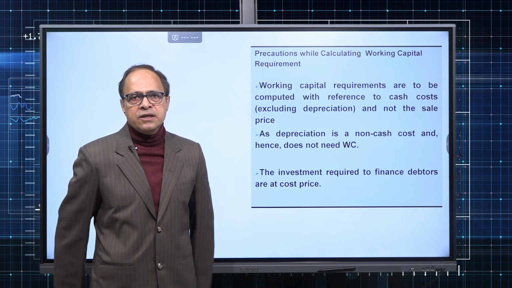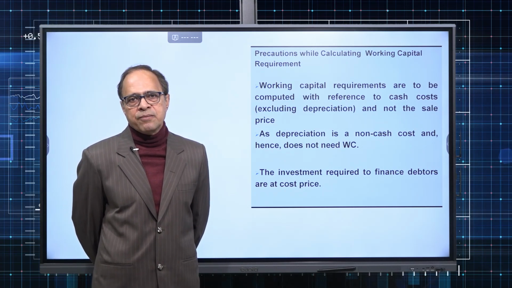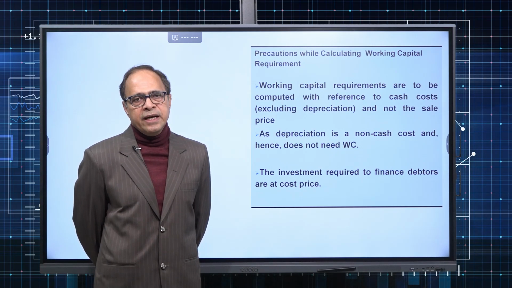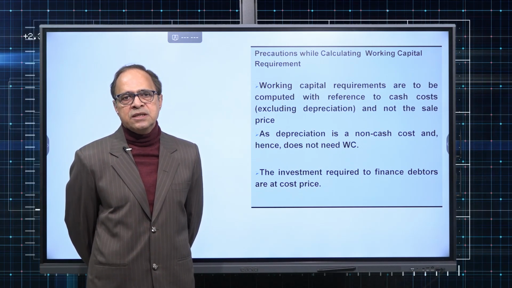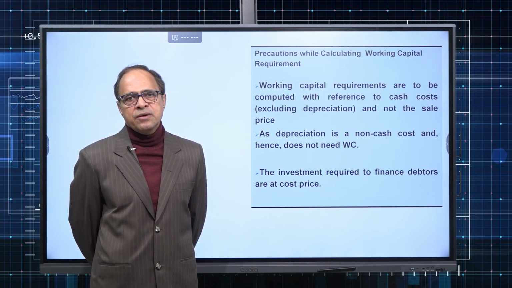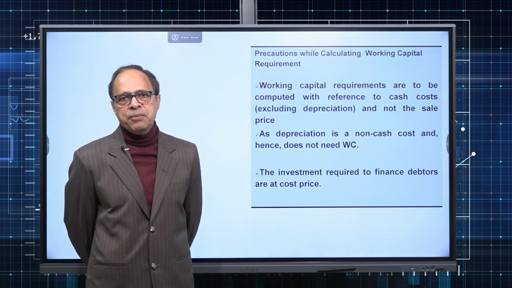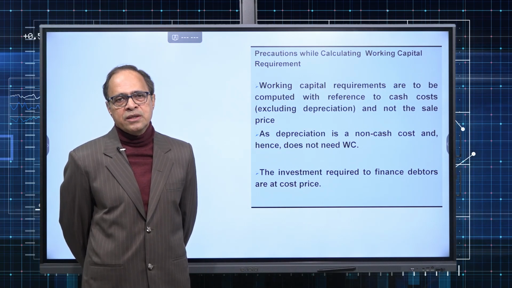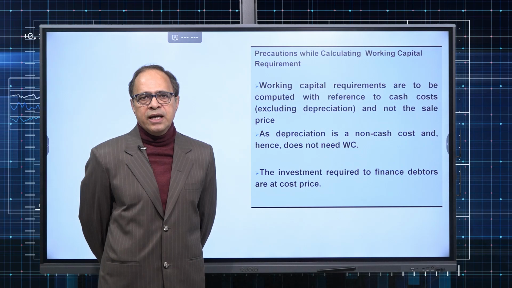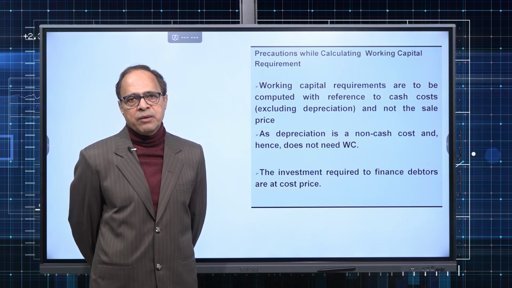That means it results only from a book entry. As soon as we provide for depreciation, it gets reflected as an expense in the income statement, but we never pay anyone on account of showing depreciation as an expense. Therefore, depreciation is not considered while estimating working capital requirement.